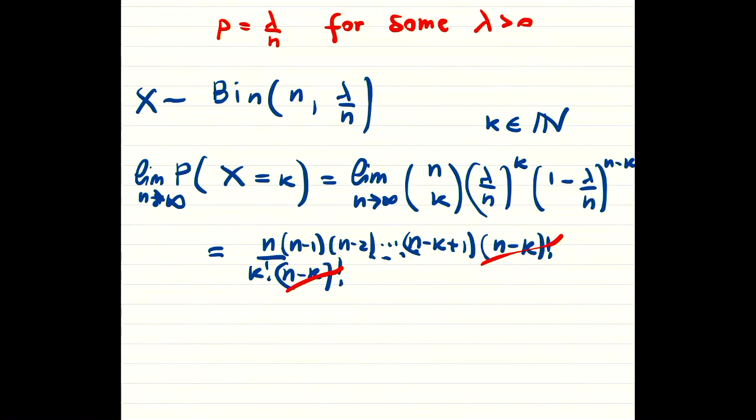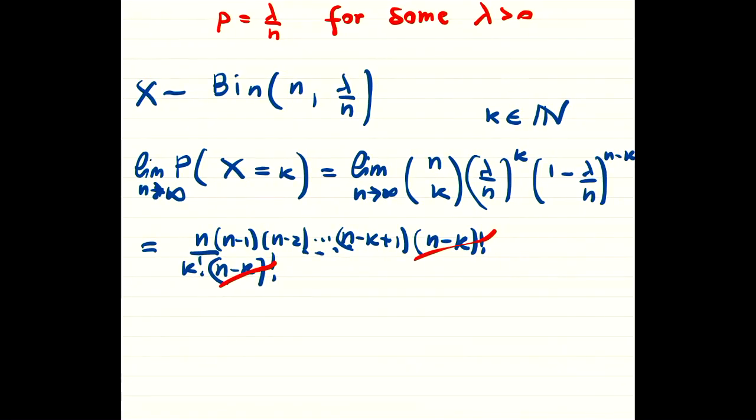And of course, I should write the rest, so I need to create a bit of space. What I can do is delete this, and now I have lambda to the power k, and you know what?